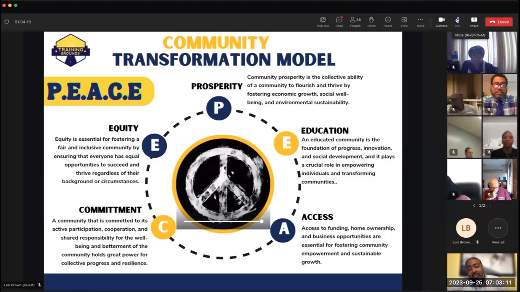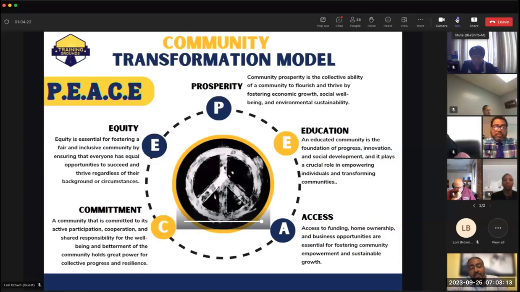So this community transformation model underwrites. It is a thread. It is the tapestry that you'll see in all of our programs. Today, I cannot get into the detail of the model, but I can tell you that this tapestry of peace supports all of our programs, the way that we approach workforce development, the way that we approach our youth and young adult initiatives, the way that we approach our community outreach, and the way that we approach our collaborative partnerships.